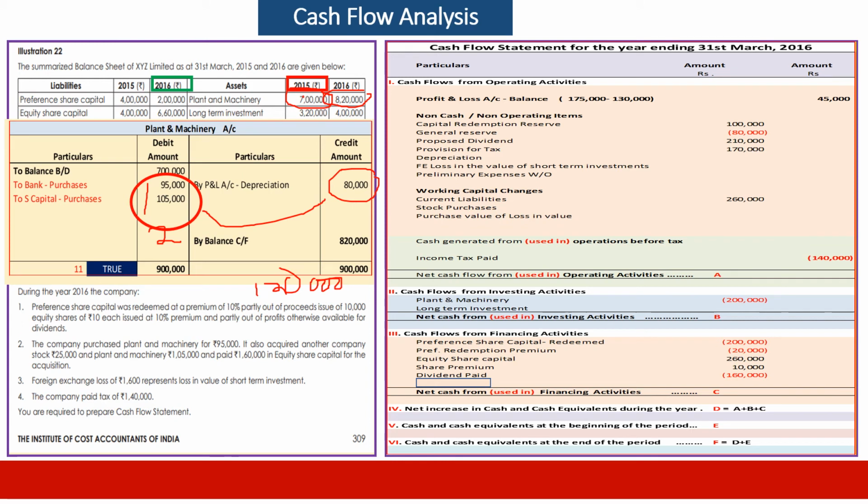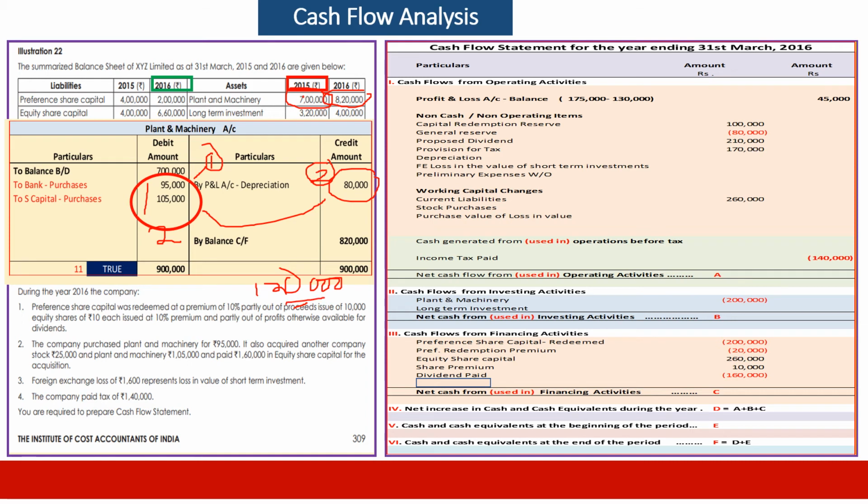Net between these two is 1 lakh 20,000. We will be passing two entries, one for addition to fixed assets, second for depreciation. Depreciation will be a reversal in operating activities, and addition to fixed assets will be an outflow under investing activities. This is how exactly we will take care of this 1 lakh 20,000.